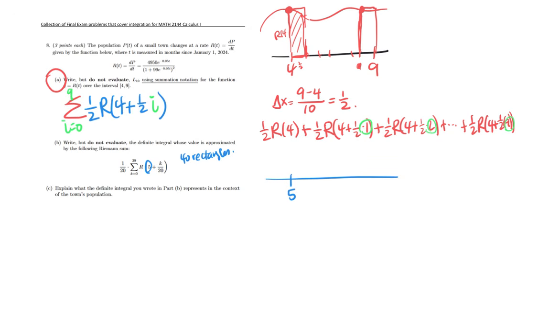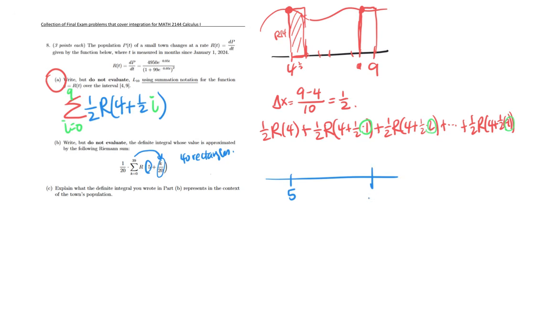And so when I put in the 40th rectangle, that's going to be 40 divided by 20. So that gives me 2. So when I put in the 39th value here, I'm going to get 5 plus 39 over 20. So it's really close to 7.